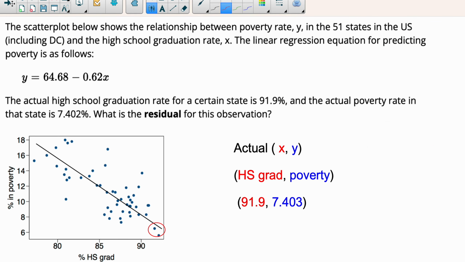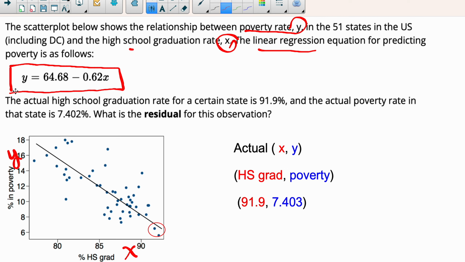Let's do another example. This one is the relationship between poverty rate, Y, that's my vertical y-axis, and high school graduation rate, X, that's my horizontal axis. So this is telling us that we did a linear regression, meaning we already put it into Rossman-Chance, and it gave us this regression line.